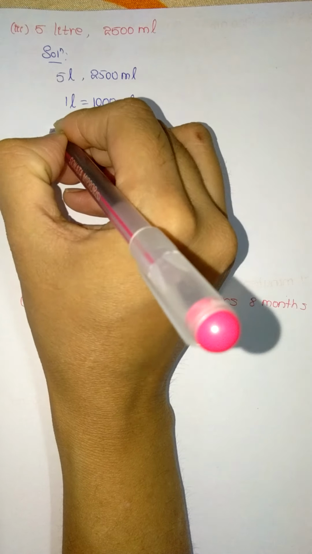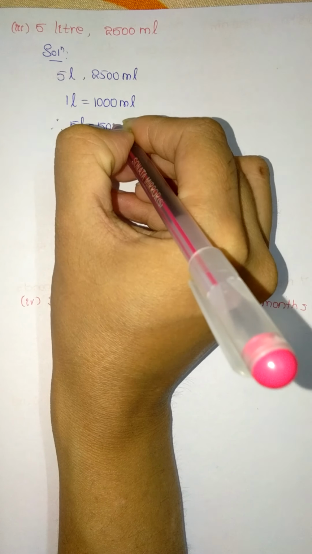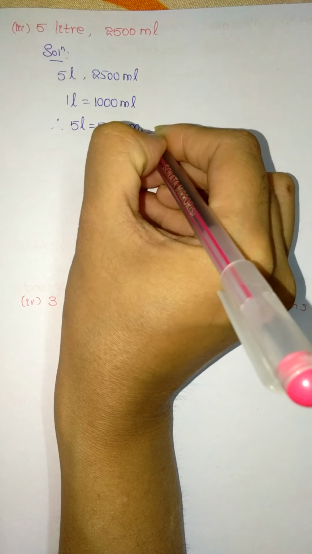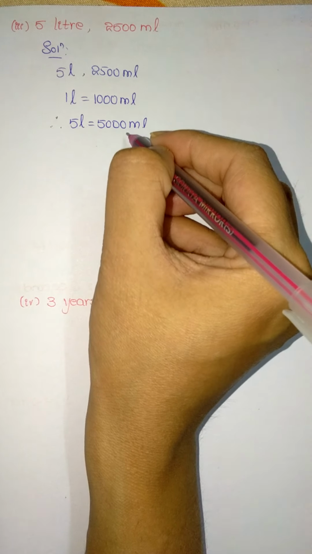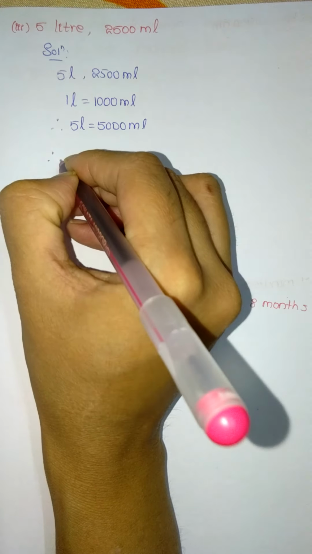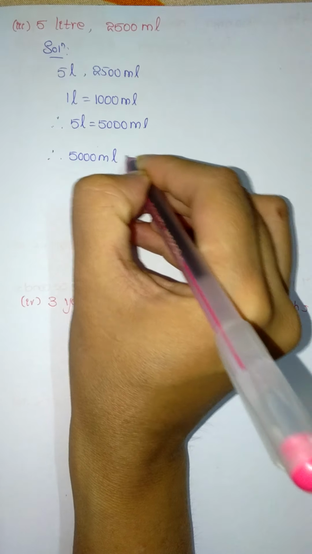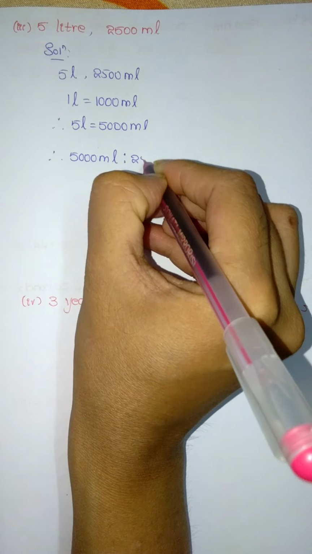So therefore we can say 5 liter equal to 5000 milliliter. This is already in milliliter. So 5000 milliliter raised to 2500 milliliter.